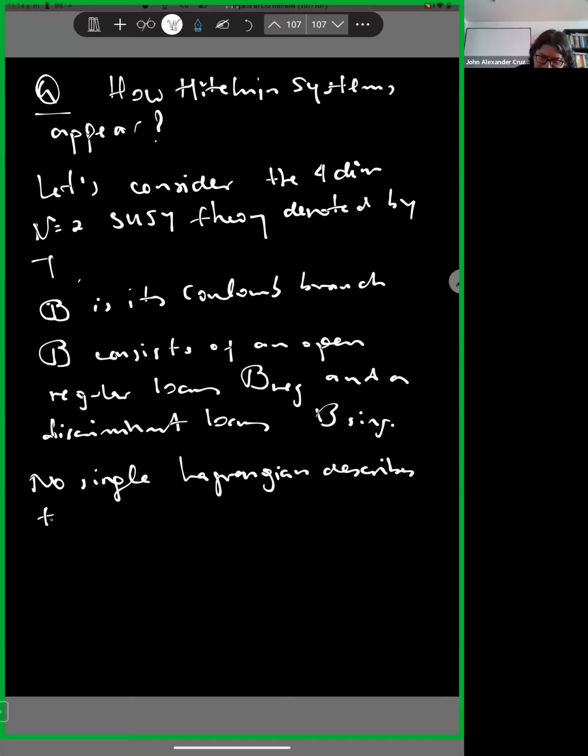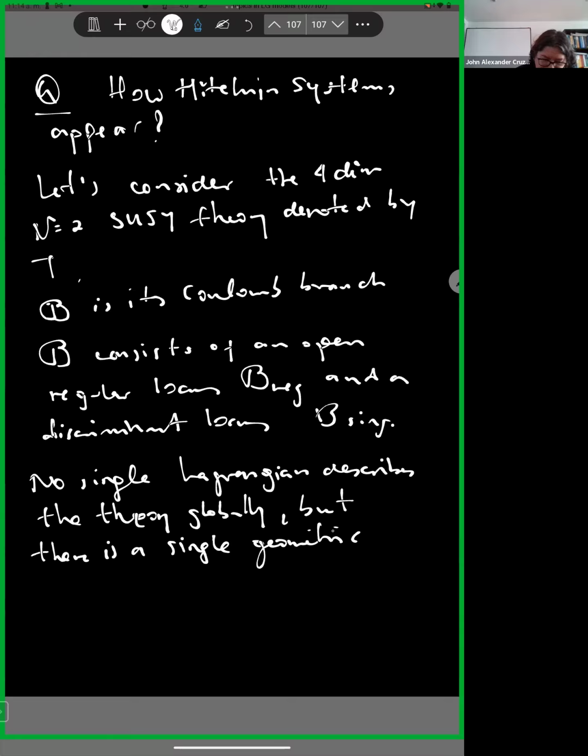that describes the theory globally. There is no single Lagrangian describing globally the theory, but there is a single geometric object in which we can describe, I mean, all the Lagrangians locally.